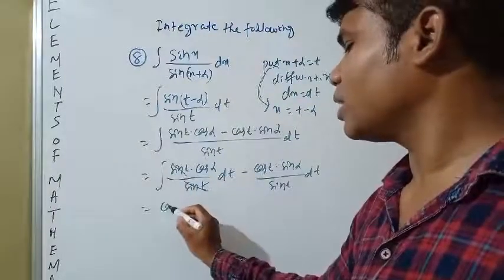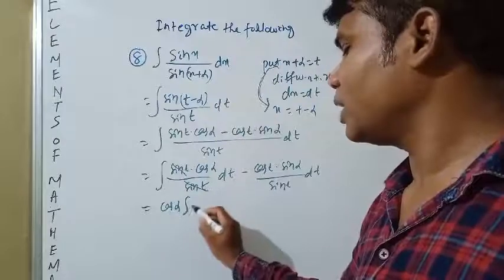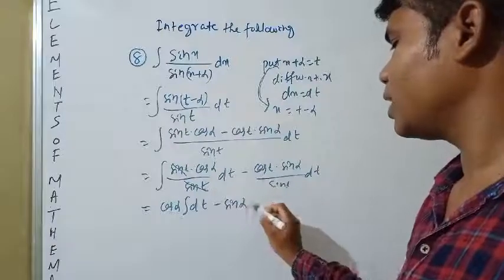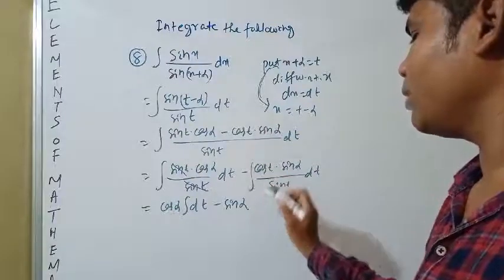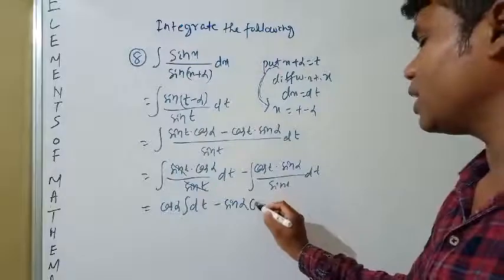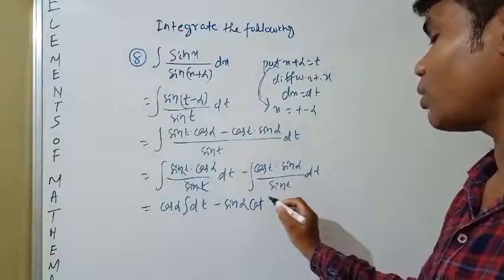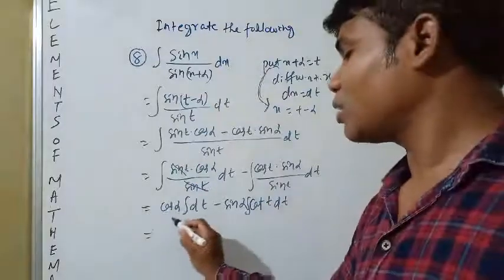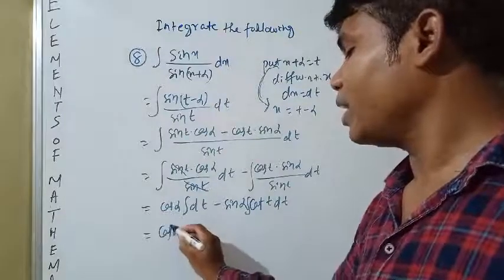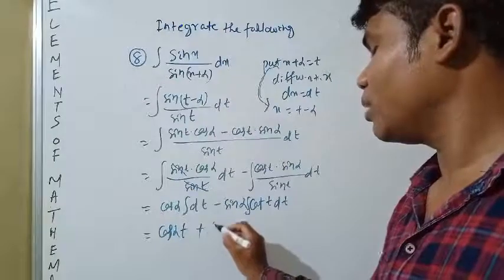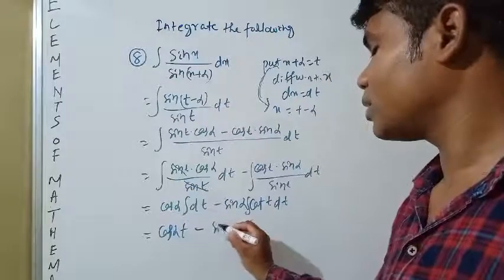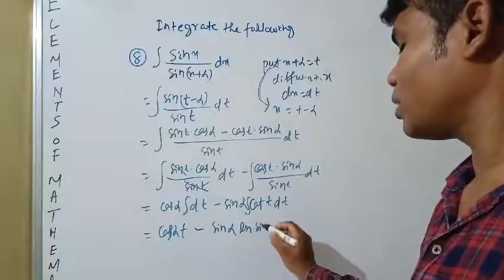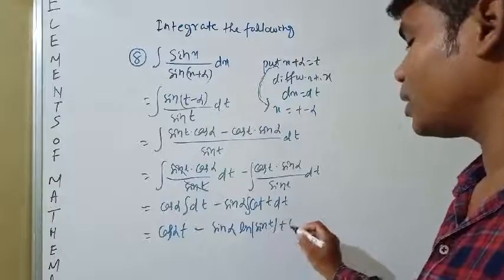Cos alpha is constant, integration of dt, minus sin alpha is constant, cos t by sin t, that is cot t, integration of cot t dt. Cos alpha, integration of dt is equal to t, minus sin alpha integration of cot t, that is ln sin t plus c.